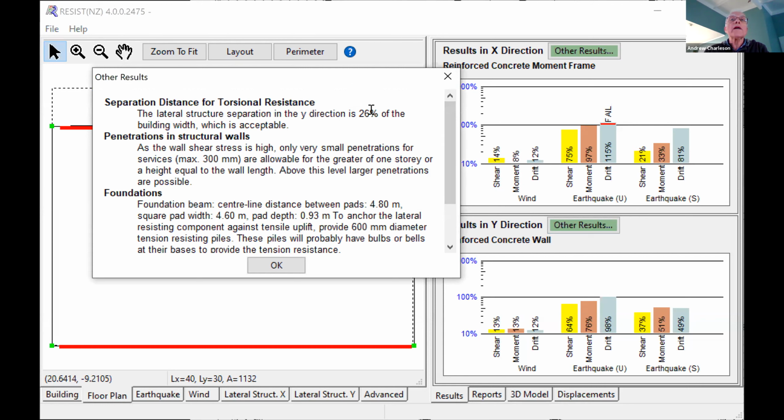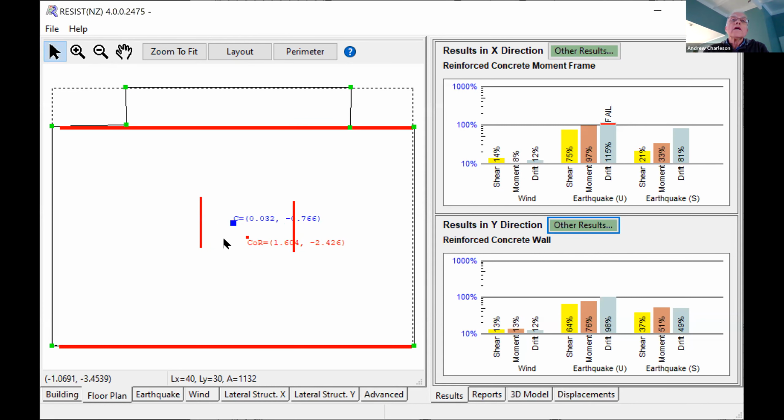At the moment, they've separated 26% of the building plan. So look, if we could redesign the planning of the clinic to allow these walls to be separated a bit more widely, then we've done a perfectly good design.